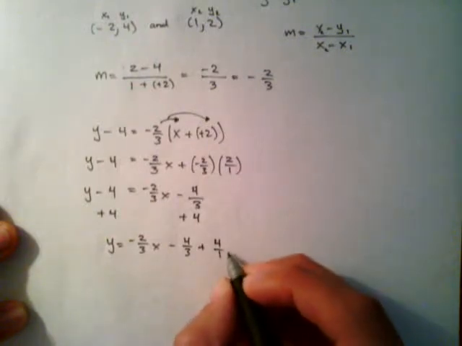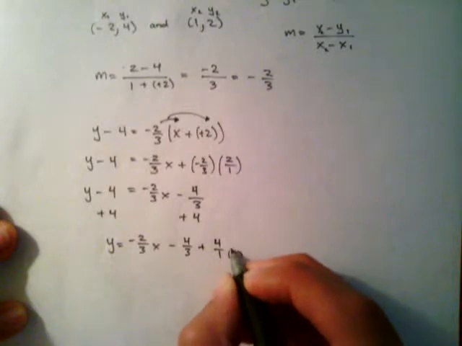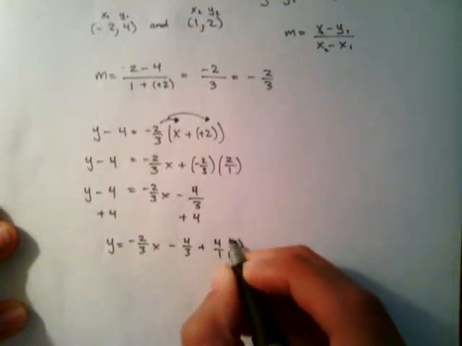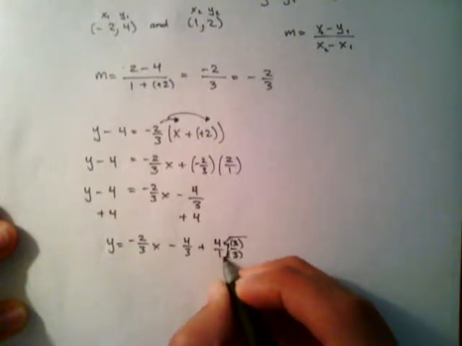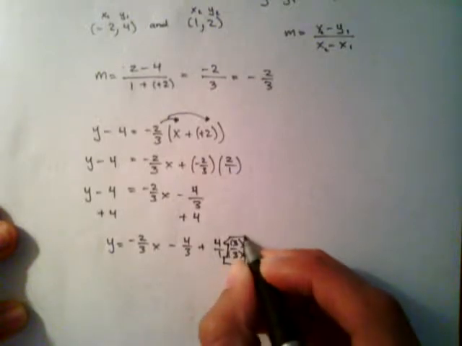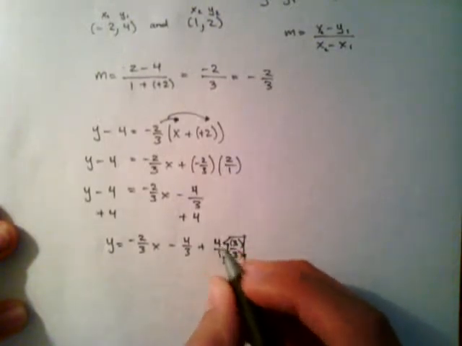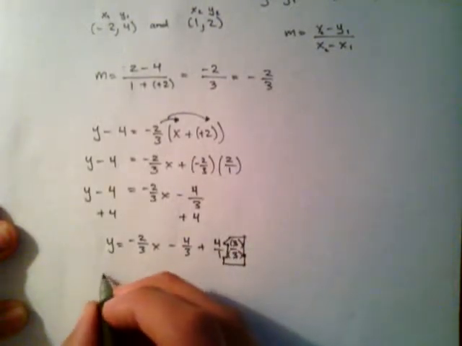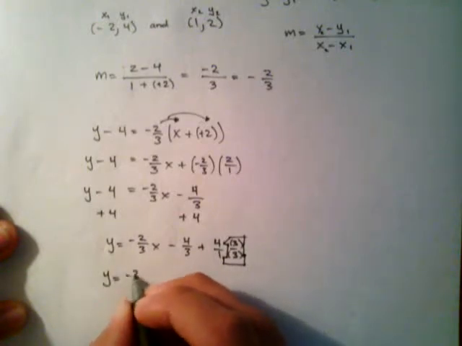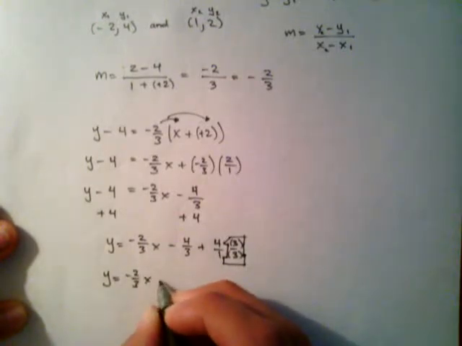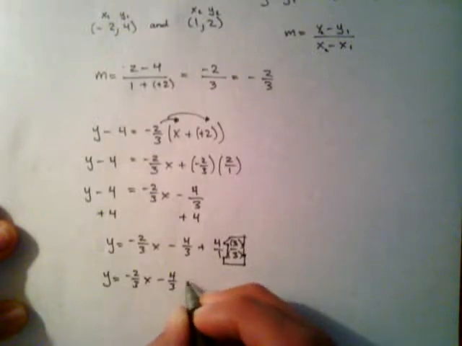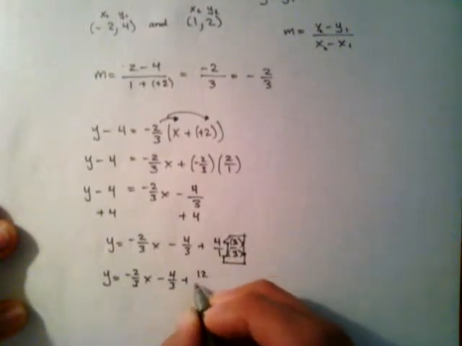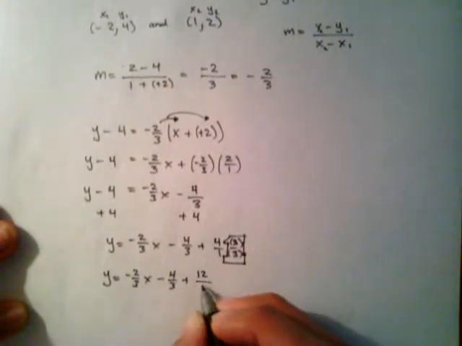So we're going to multiply 4 over 1 by 3 over 3. And this can be viewed as a big 1. So it doesn't change the identity of this number. This is still 4 over 1. So we have y is equal to -2/3 x minus 4/3 plus 4 times 3 gives us 12. 1 times 3 gives us 3.